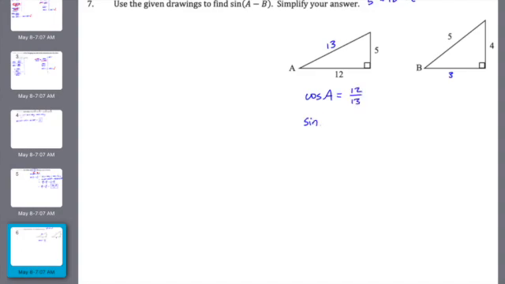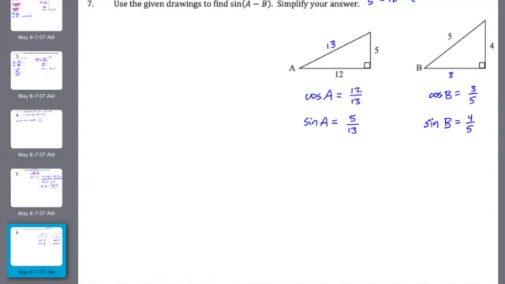And then the sine of angle A is going to be our opposite over hypotenuse. All right, same with this triangle with angle B. So cosine of B is 3 over 5. And then the sine of B is 4 over 5.